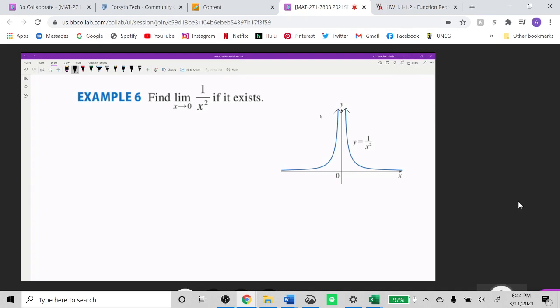Or we could say something like the limit of 1 over x squared as x approaches 0 equals infinity. I'm not a fan of this. To me, this limit does not exist, right?